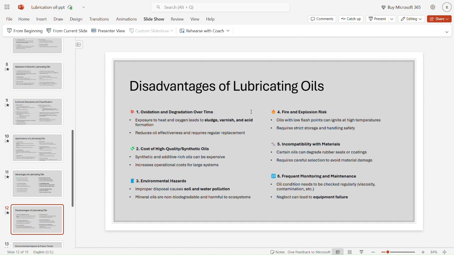There are some disadvantages also in lubricating oil, such as oxidation and degradation over time, cost of high quality synthetic oils, environmental hazards, fire and explosion risk, incompatibility with materials, and frequent monitoring and maintenance. These are some disadvantages of lubricating oils.